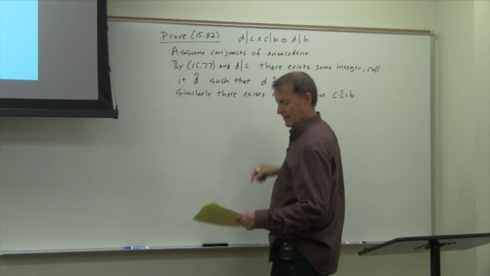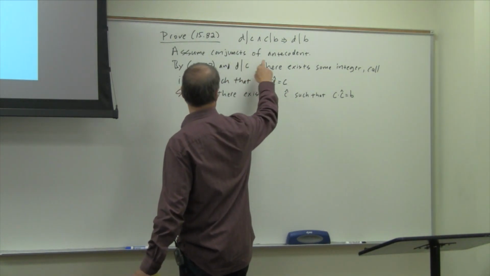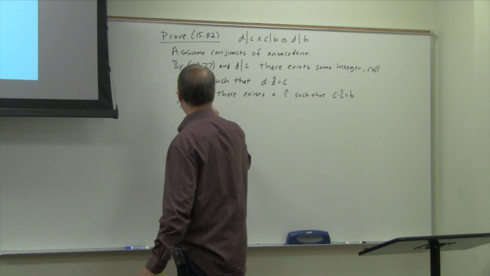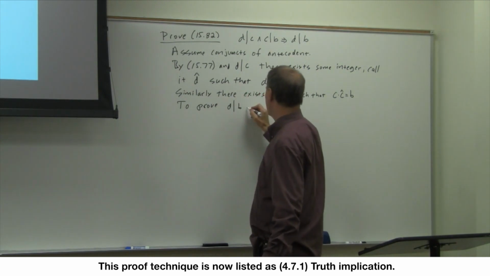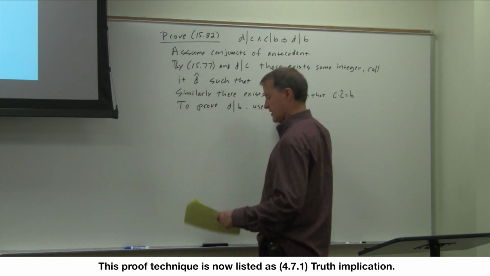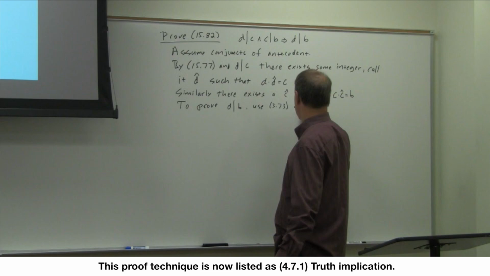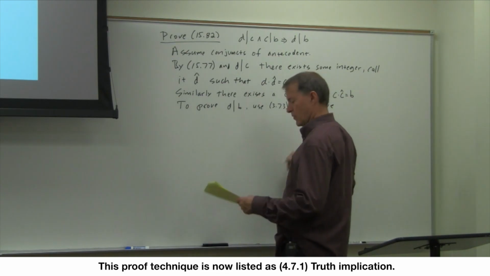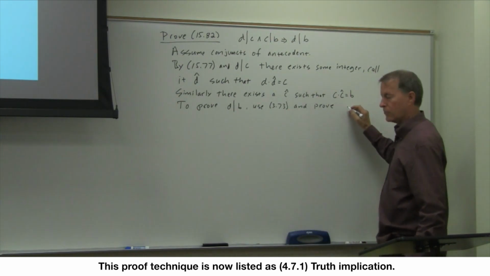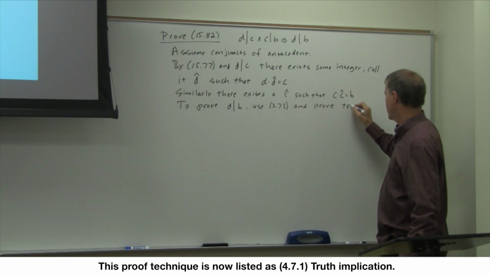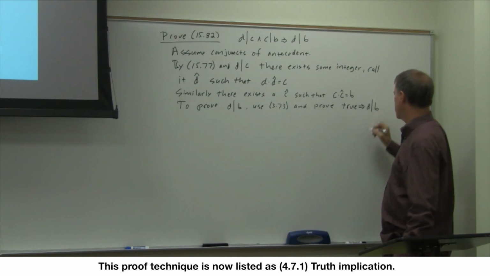So we use 3.73: to prove D divides B, assume the antecedent, and prove true implies D divides B. Exactly, and prove true implies D divides B.